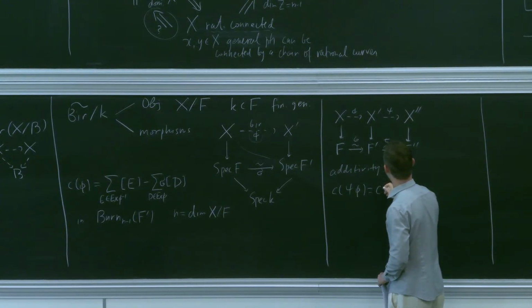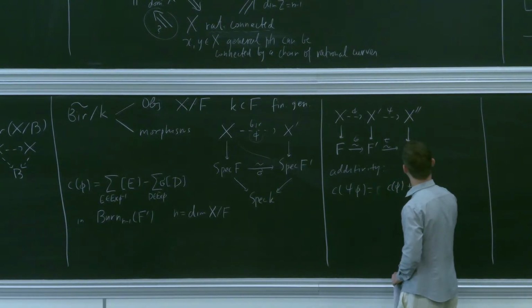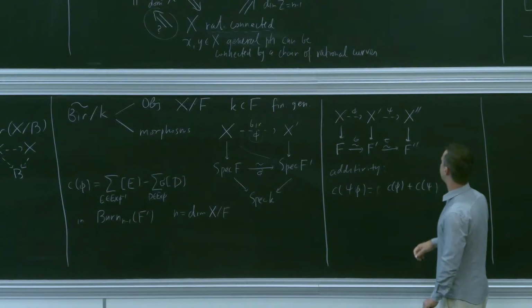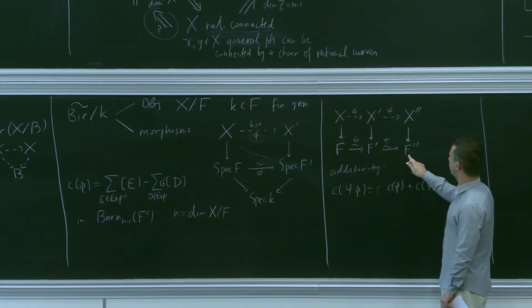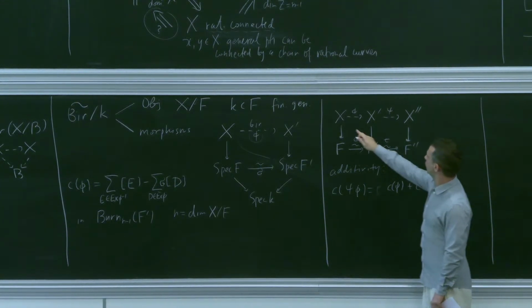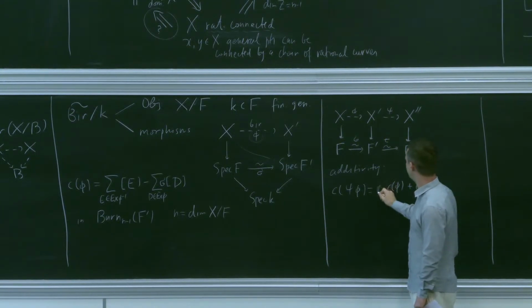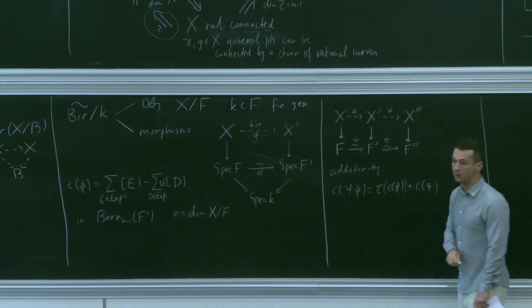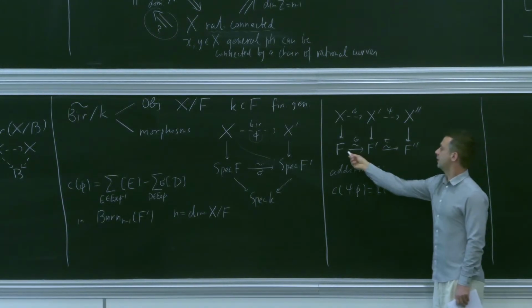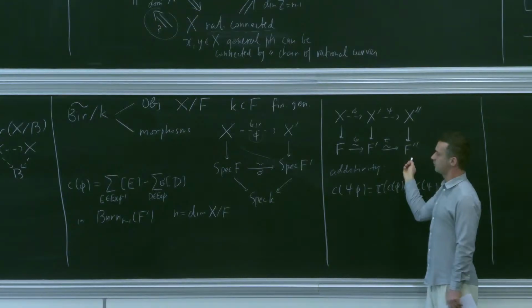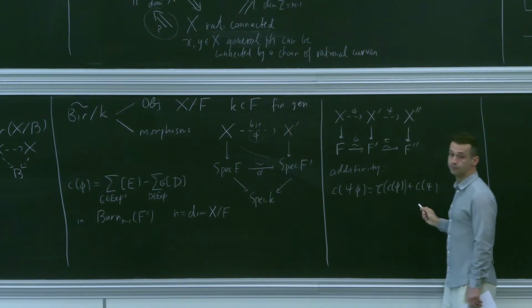So we have C of phi plus C of psi as before. C of psi will land in this field, and C of the composition will land in this field, but C of phi lands in this field, so I apply tau here. So I say, okay, they're different fields, but let's consider them all over this field, and this is what we get then.